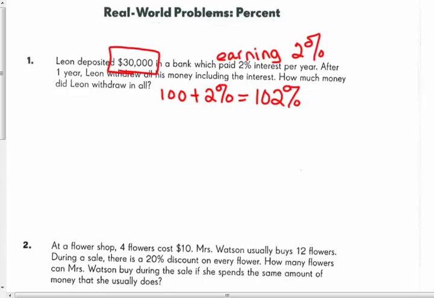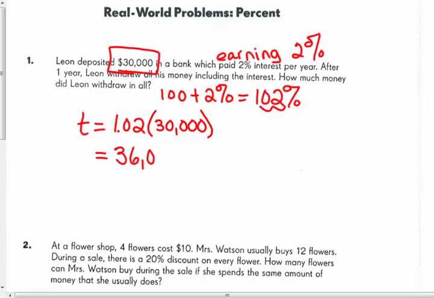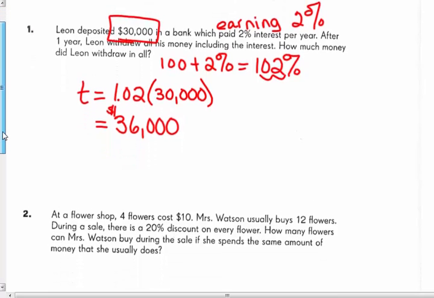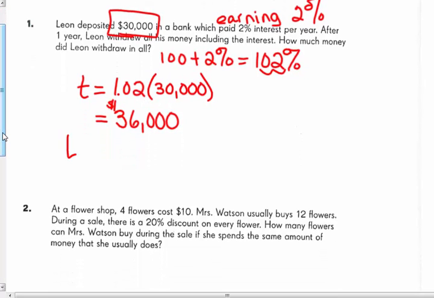If I take my percent and change it to a decimal, how much money did Leon withdraw in all? His total would equal 1.02, 102% changed to a decimal, times his original investment of $30,000. So he must be a businessman or something. So altogether, if I multiply that, I get that he's going to have $36,000 coming back to him. So Leon would withdraw $36,000.